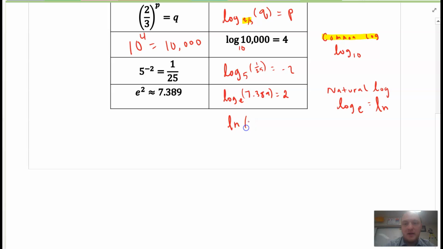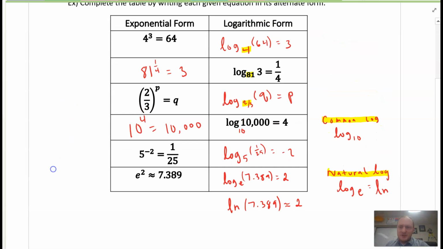So ln of 7.389 is equal to 2. Well, not equal. I want to say approximately. Okay. So these are the two common logs, the common log and the natural log. You'll commonly and naturally see them in mathematics. They're the most frequent ones that you'll see.